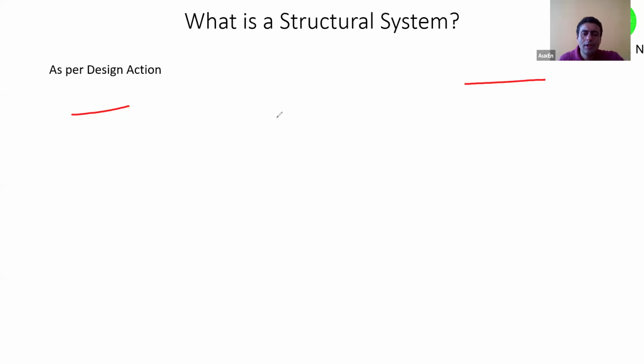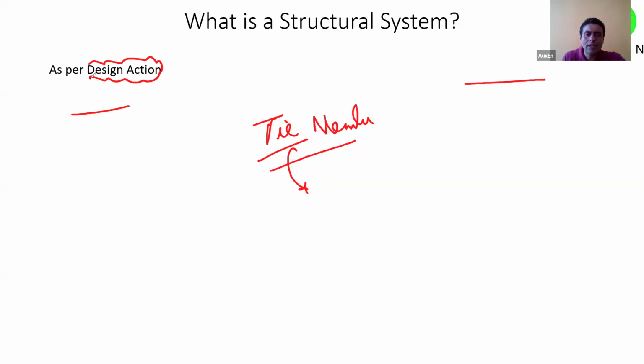Just to give you an example, if I say that this member is a tie member, what does it indicate? It is a very common definition. Generally it indicates that it is going to predominantly take tension forces. You understand?